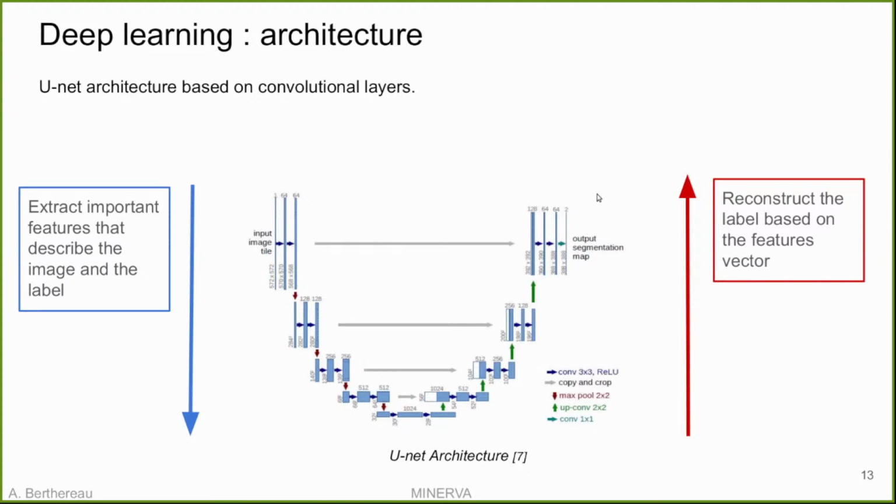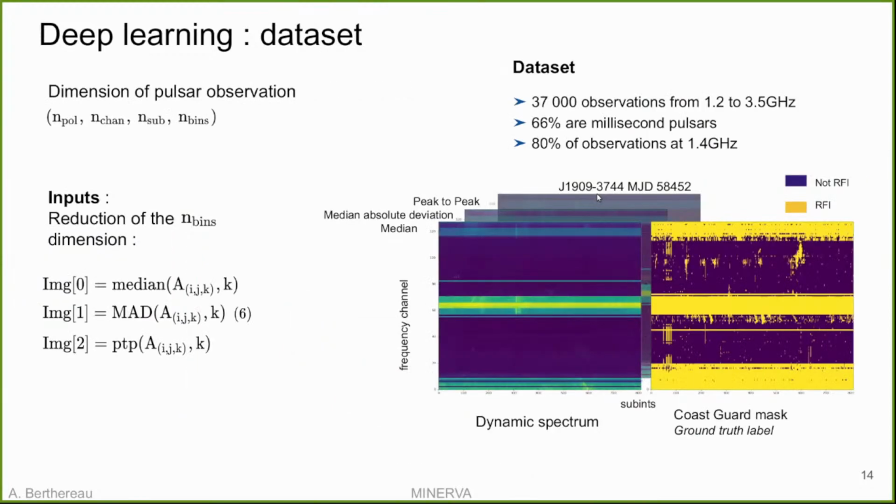reconstructed by this network. Our dataset is the same as for Coast Guard. We are using non-cell radio observation that has still the same dimensions as for the Coast Guard that I presented to you. So we still have four dimensions, and we will make a reduction in the bins dimension by computing three different images.